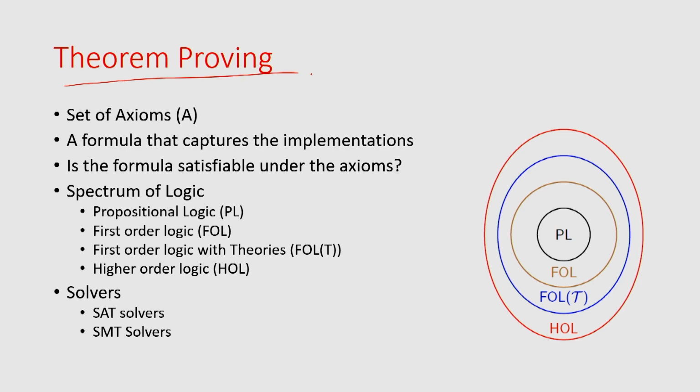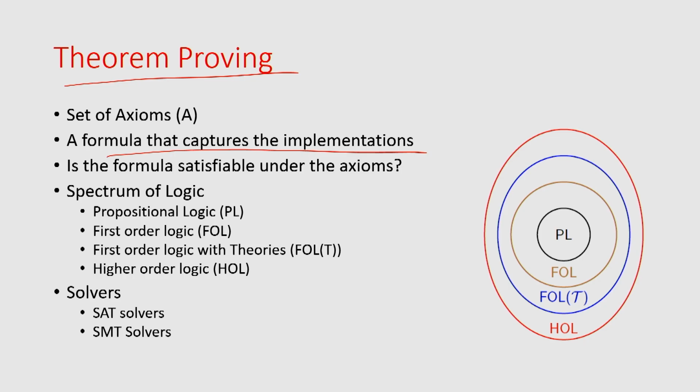Think about a system, say a Verilog code, that implements something you are trying to implement. Now you need to model your implementation as a formula. First of all you need to capture your implementation using some formula, okay?